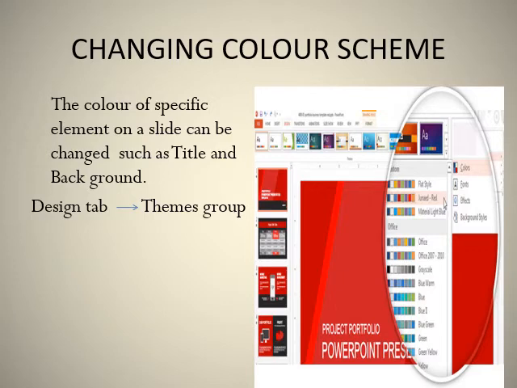Then we will right click on the selected theme, then select Set as Default Theme. We will select the color that we want. If we want it applied to all the slides, we will click on Apply to All Slides. If we want to apply it to the selected slide, then we will click on Apply to Selected Slide.